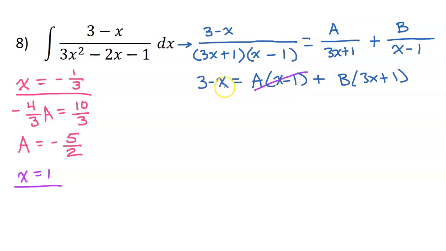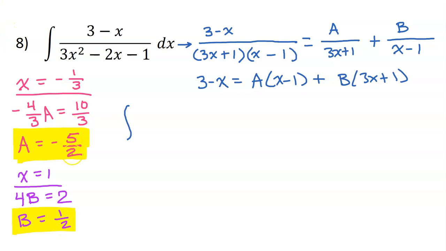Plugging in 1 for x right here, we have 3 minus 1, which is 2. And then on the right hand side we have b times 3 times 1 is 3, plus 1 is 4. In other words, 4b equals 2, which means b is equal to 1/2.